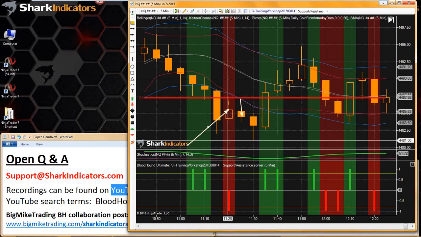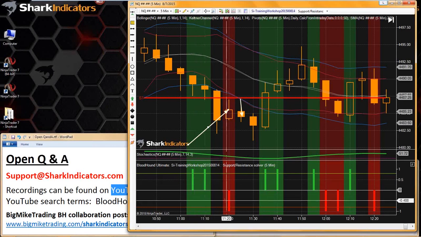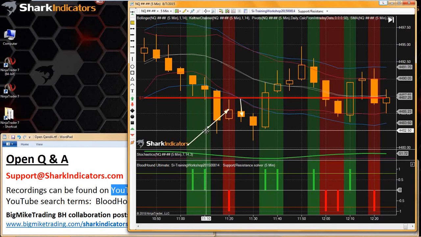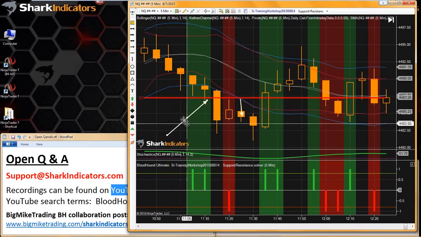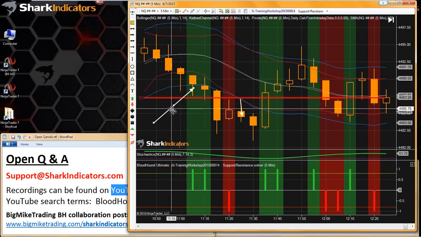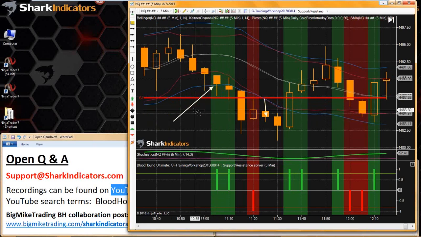So hopefully you can see now that in tailwind mode we're going to get a long or short depending on which side of our line that price is on. If you're using some kind of a support resistance line to look for bounce trades, that's what this tailwind mode is essentially for.